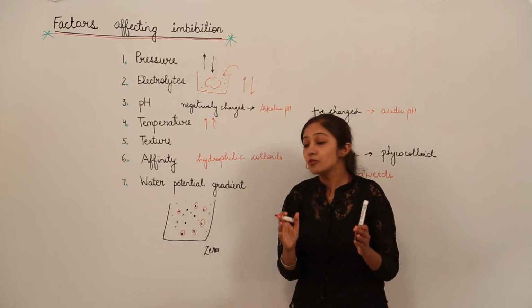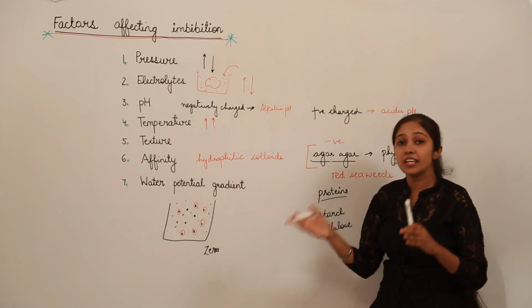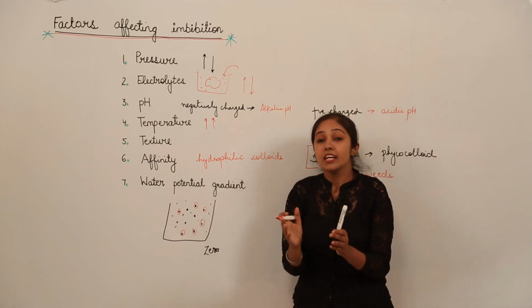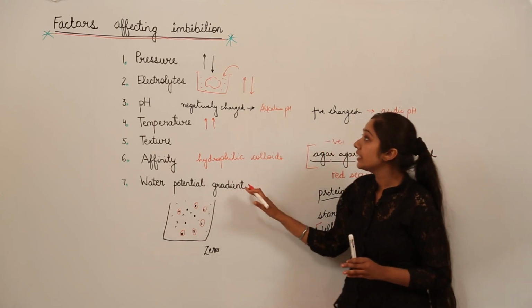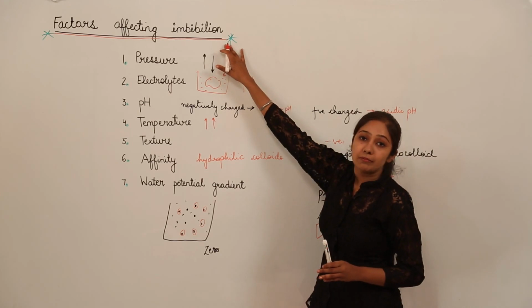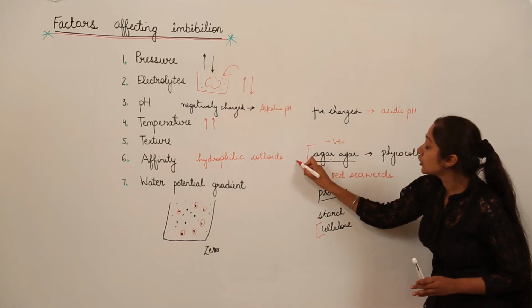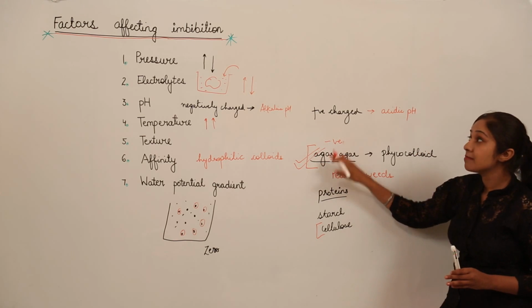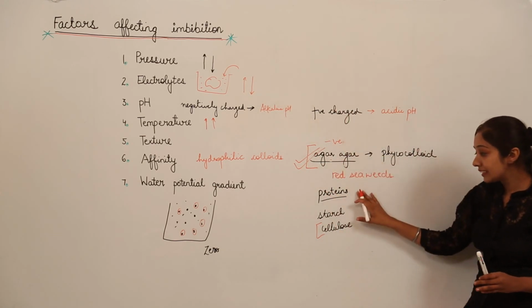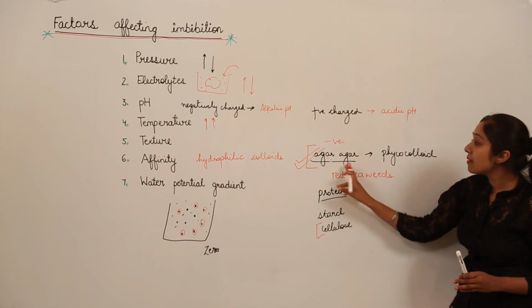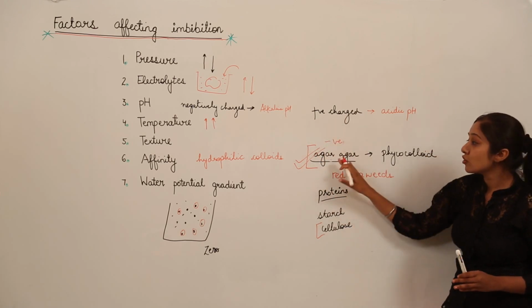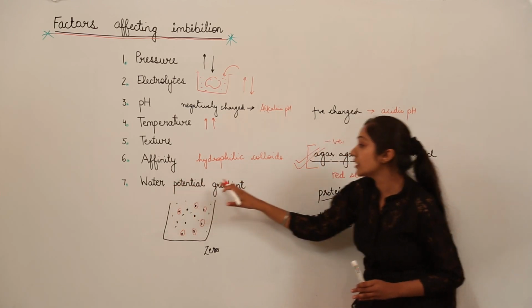But if the difference is not much, this is going to lead to a slower rate of imbibition. So that is why agar-agar shows maximum imbibition as compared to proteins, starch, cellulose, which means imbibition at a faster rate because of this steep water potential gradient.